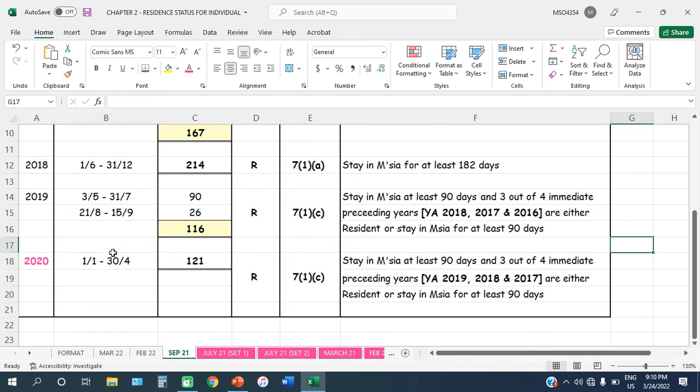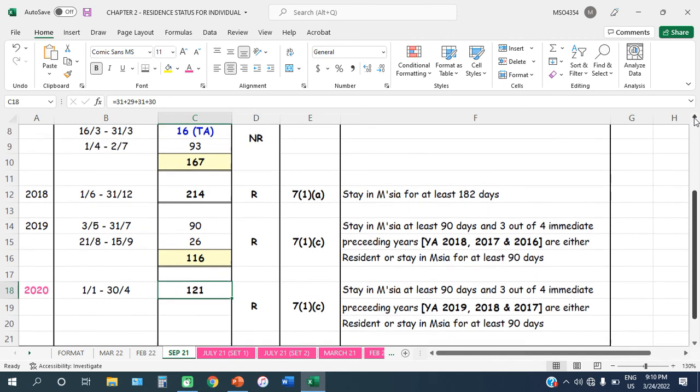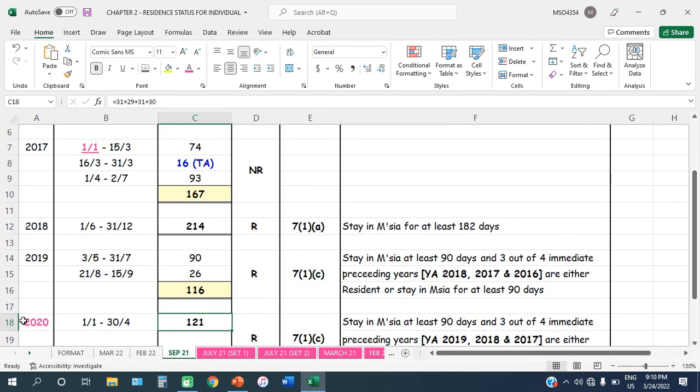Okay. Stay in Malaysia at least 90 days. Okay, yes. Okay. Second condition. 3 out of 4 are either resident or stay in Malaysia at least 90 days. Okay. So, start from 2020. It must start from 2019. Look at the status, resident.